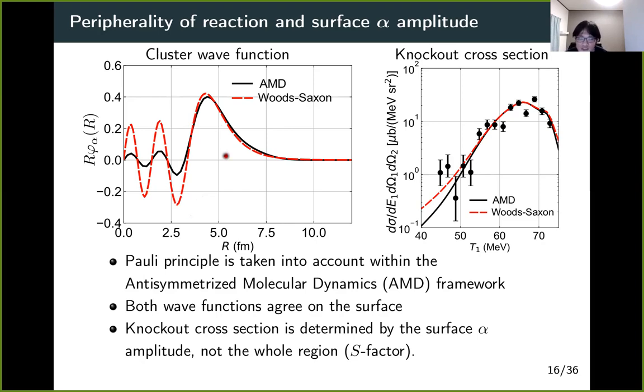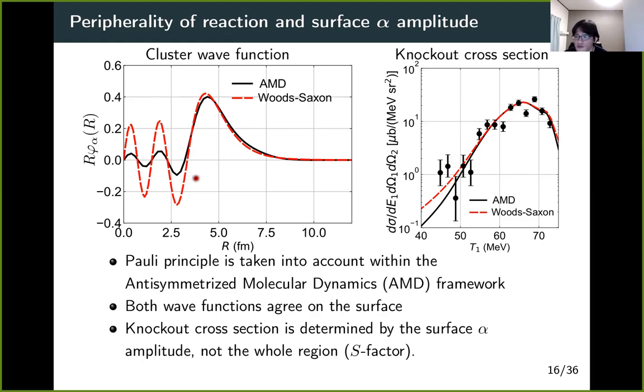So using these two wave functions, this is what we get in the cross section. As you see, they are almost the same, and it is because of the peripherality of the reaction. Only in this region they agree very well, and because of that, the cross section is almost the same.